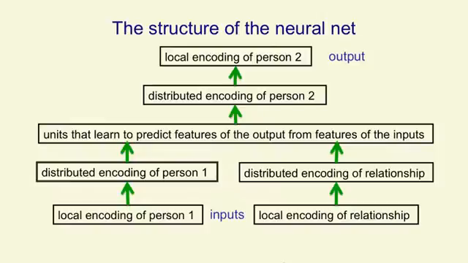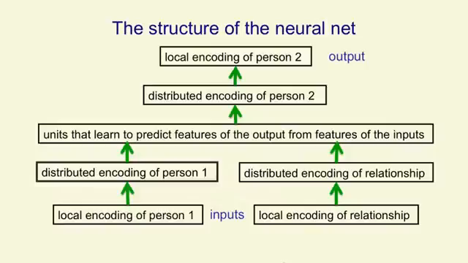The architecture of this net was designed by hand. That is, I decided how many layers it should have, and I also decided where to put bottlenecks to force it to learn interesting representations. So what we do is we encode the information in a neutral way.